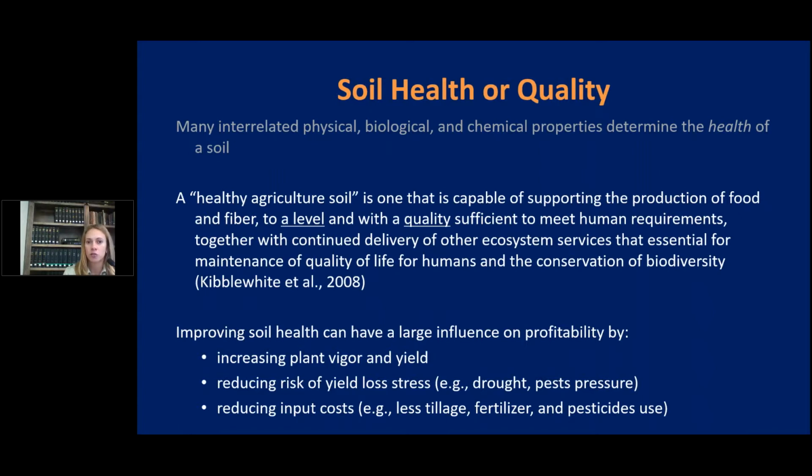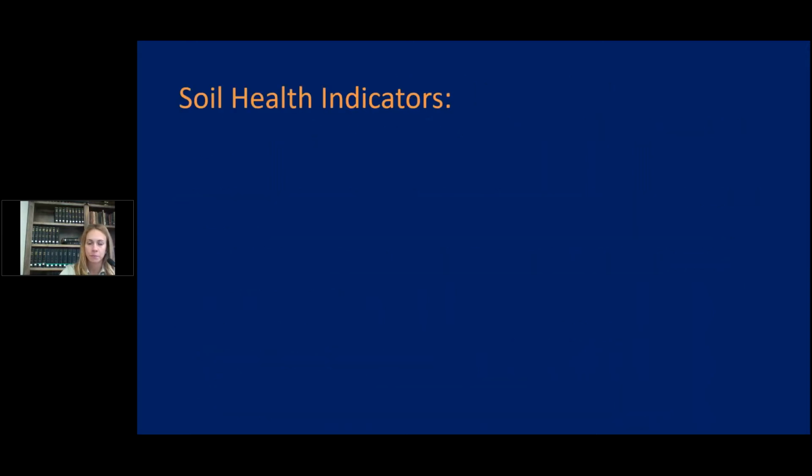Healthier soils have a much greater resilience, or in other words, ability to come back after stress, resist stress, and there's also potential for reducing input costs. This is particularly true for annual crops when they convert from a conventional system into a no-till system, so there's potential for also saving some money there.